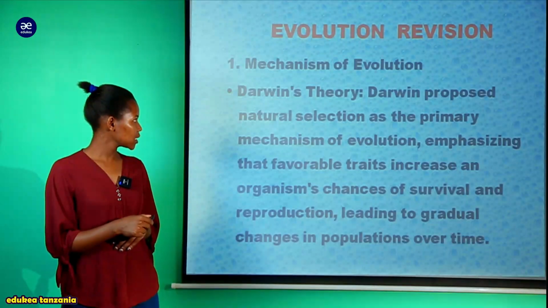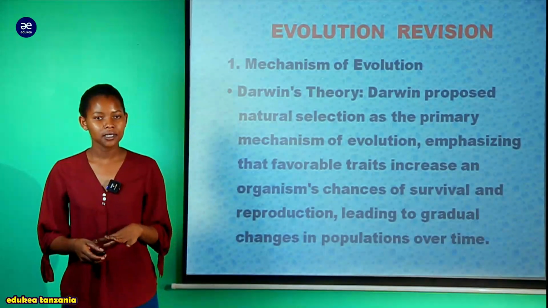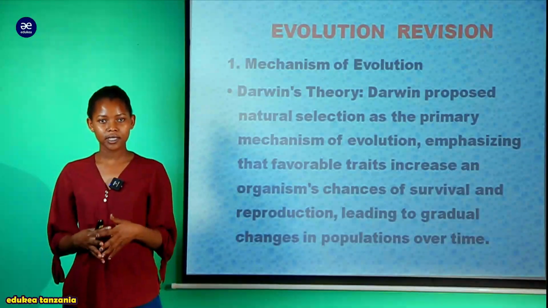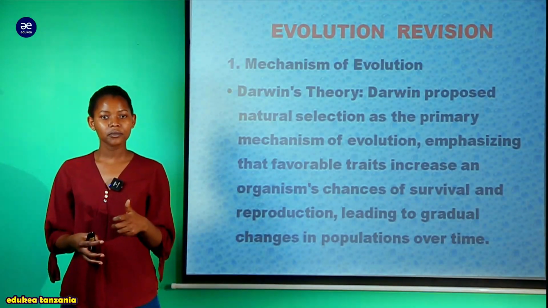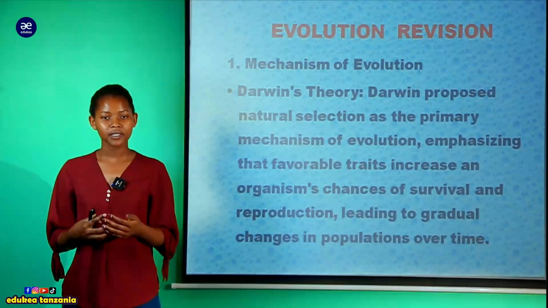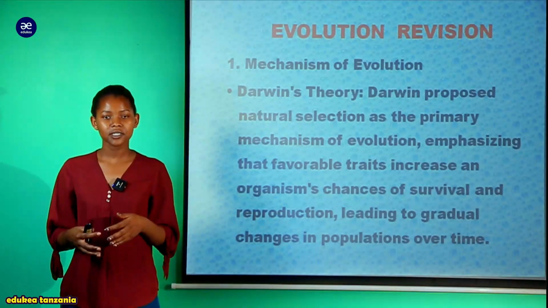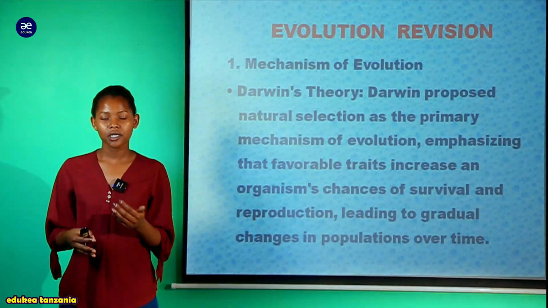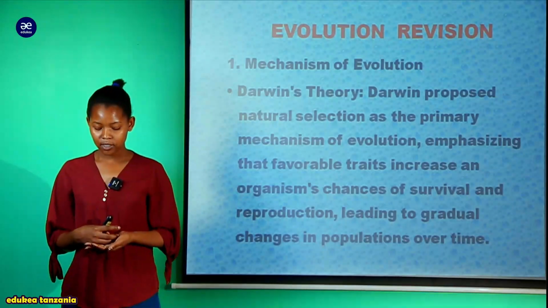So, tunavyozungumzia mechanism of evolution, according to Darwin, yeye aliemploy the use of natural selection, ambako alituambia kwamba favorable traits zilikuwa favored over time na zilikuwa capable of passing their traits to the next generation, meaning that those traits were successful in reproduction.